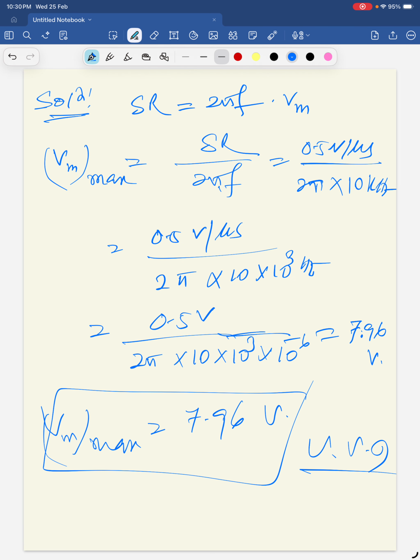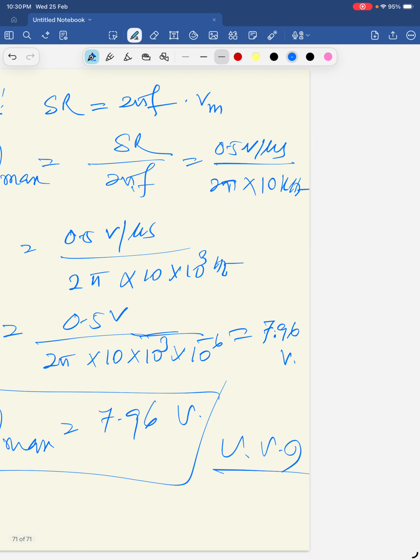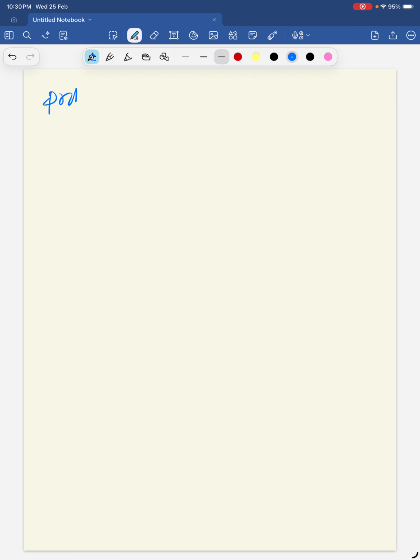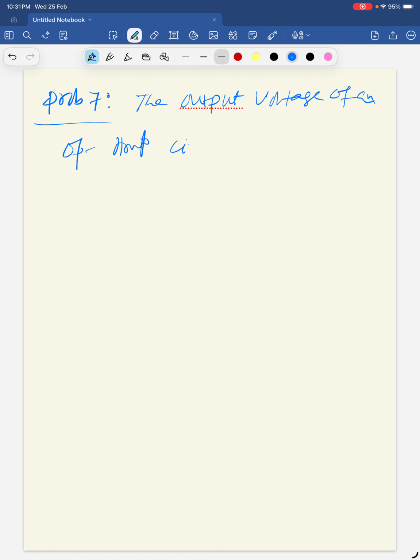Now one more problem on slew rate. So this is problem 6, now problem 7 on slew rate. Problem number 7. The output voltage of an op-amp circuit changes by 20 volt.